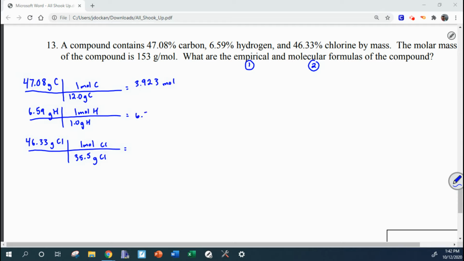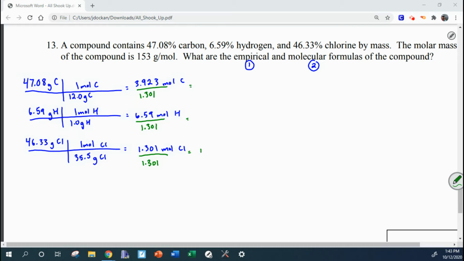And then we have 6.59 moles of hydrogen. This is carbon, hydrogen. And last part, 1.301 moles of chlorine. Percent to mass, mass to moles. Let's divide by smallest. Let's not forget that step. Common mistake is we forget to divide by smallest. 1.301 is the smallest.